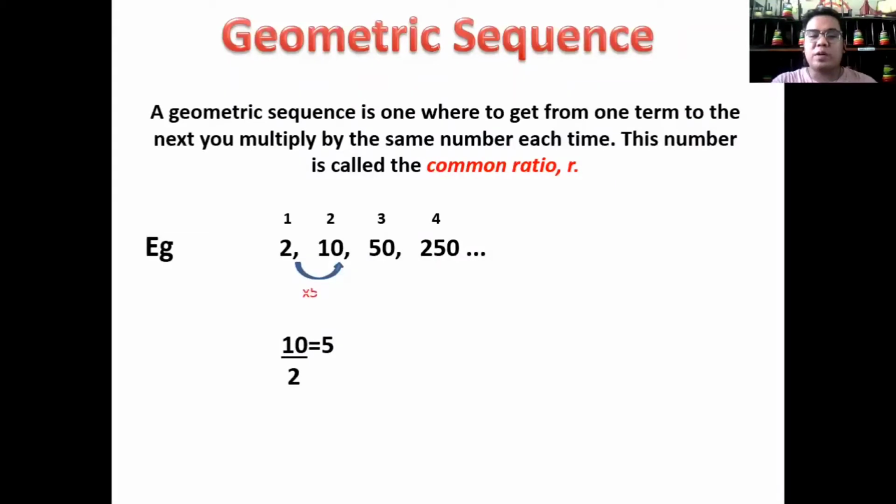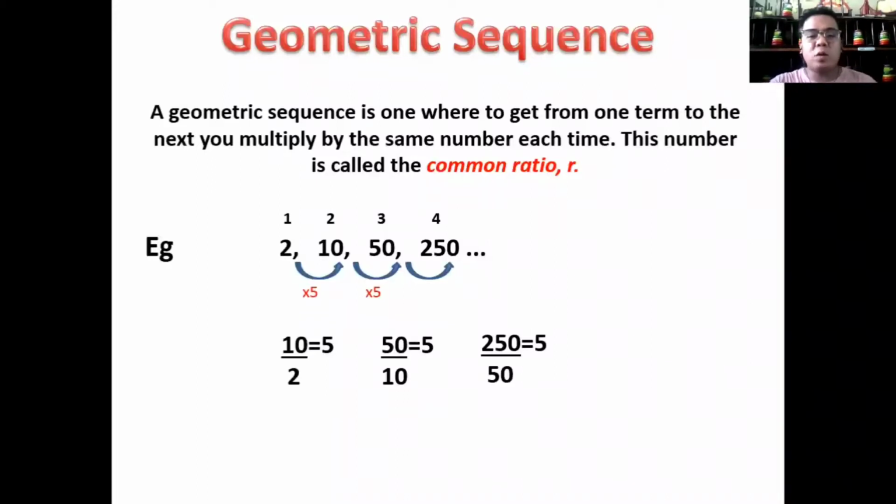The next term, 50, is obtained by multiplying 5 by the second term, 10. And the next term, 250, is obtained by multiplying again 5 to the third term, and so on.